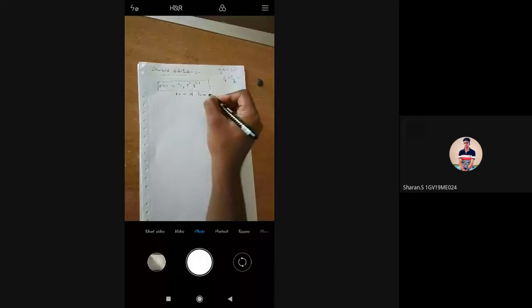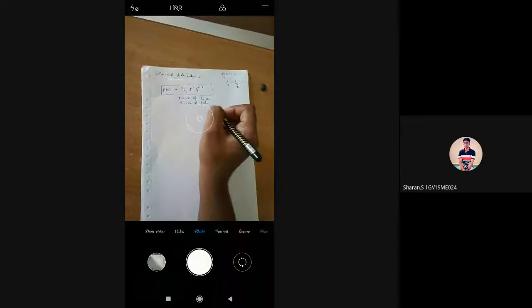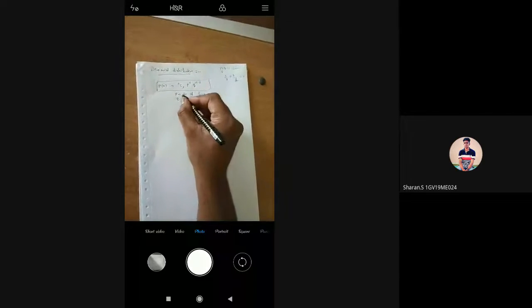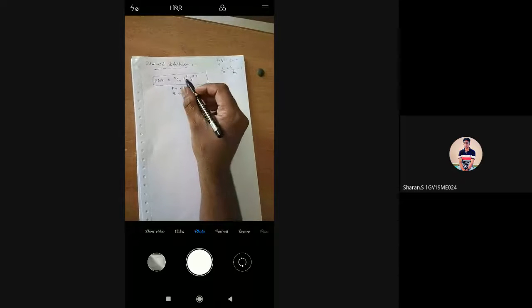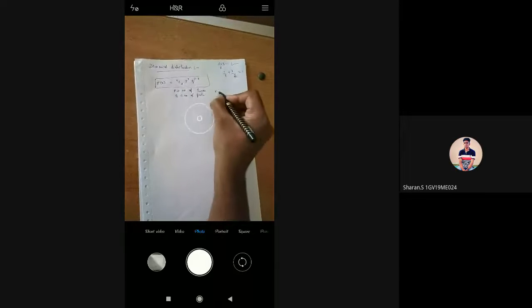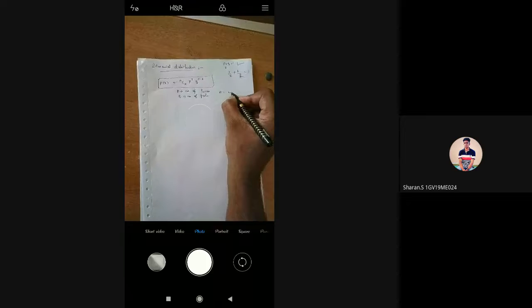P denotes, as I said before, the probability of success, and Q denotes the probability of failure, that means not getting head. And N is nothing but the number of trials.